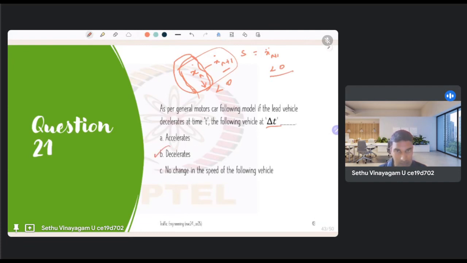Similarly, if the relative speed becomes positive, the response will also be positive, which means the following vehicle will accelerate. And if the relative speed is 0, which means there is no difference between the speed of the lead vehicle and the following vehicle, then the response will also be 0. The following vehicle will not change its speed. So in this case, when the lead vehicle decelerates, the following vehicle will also decelerate, but not instantly, after a time, which is the reaction time delta t.